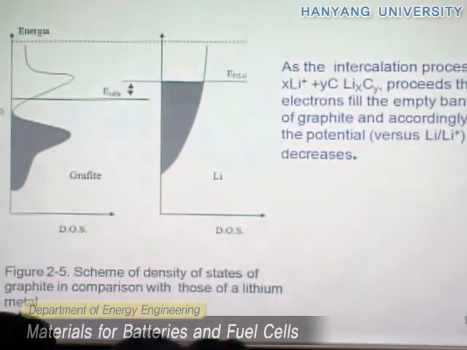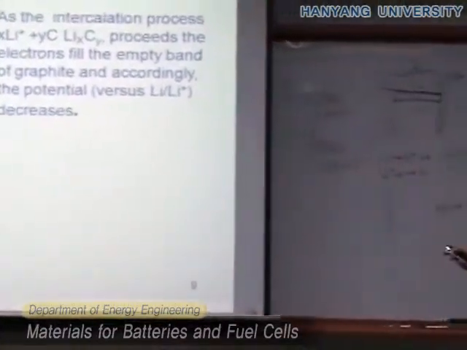When we close the circuit, electrons go from lithium into graphite, and this level will decrease, and as electrons go in here, the level will increase. So also in this case, like in the case of titanium disulfide, which I have examined before, we would expect a continuous decrease of the voltage. However, as we will see, it doesn't go with a continuous decrease.